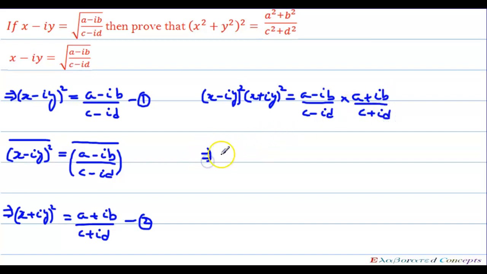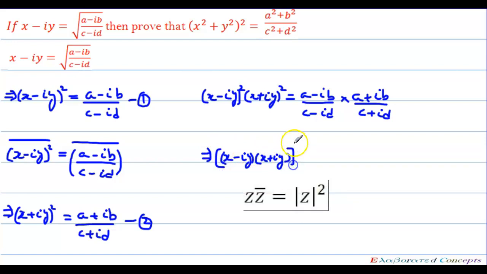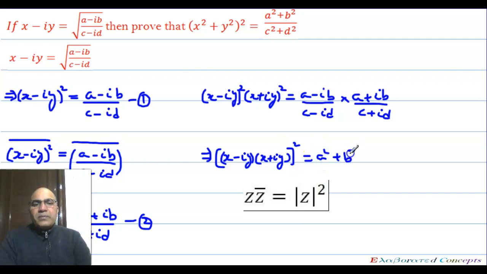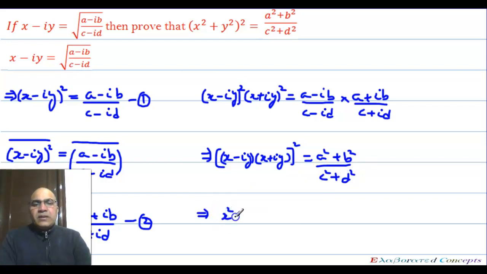So this implies x minus iota y into x plus iota y whole square equals a square plus b square upon c square plus d square. This implies x square plus y square whole square equals a square plus b square upon c square plus d square.